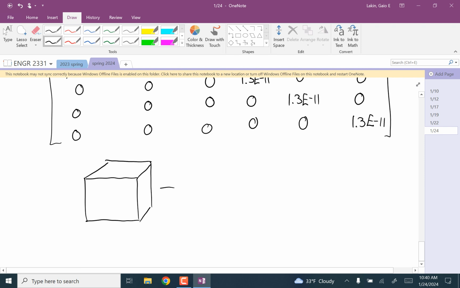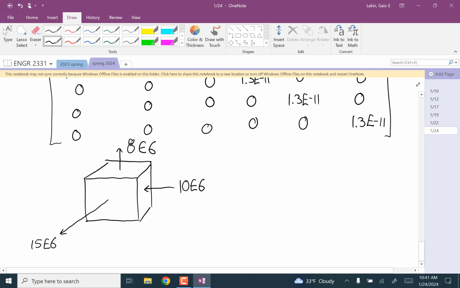Let's say we have compression here of 10 megapascals and tension here of, let's make this 8, and tension here of 15 megapascals.